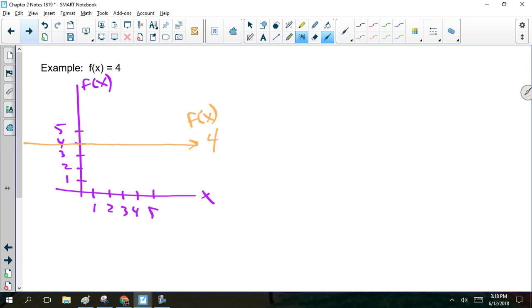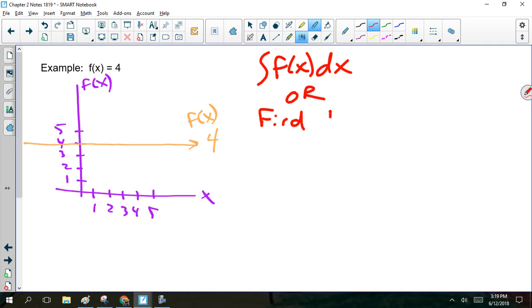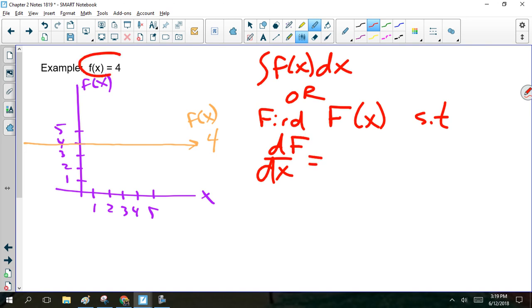Now suppose I wanted to find the integral of f of x. Because this is an indefinite integral, I'll try to draw it in red. So let's find the integral of f of x with respect to x. Really what I'm looking for is some new function, capital F of x, such that the derivative with respect to x of capital F is my original function, 4.